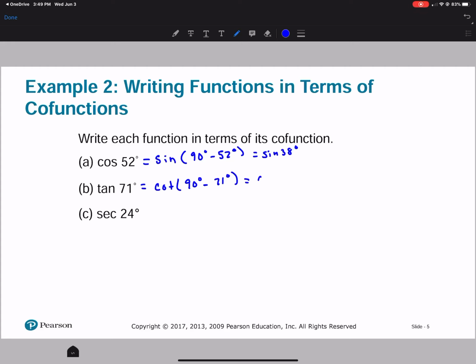So this is just equal to the cotangent of 19 degrees, right? And then the same thing here, we got secant of 24 degrees is equal to the cosecant of 90 degrees minus 24 degrees. And that's equal to what? The cosecant of 66 degrees. And it doesn't matter if you have the parentheses or not, but just know that it's in parentheses.